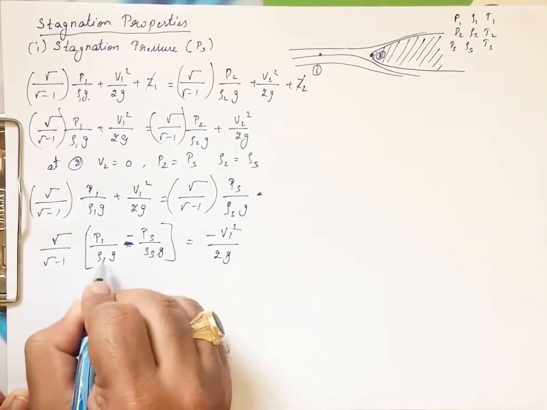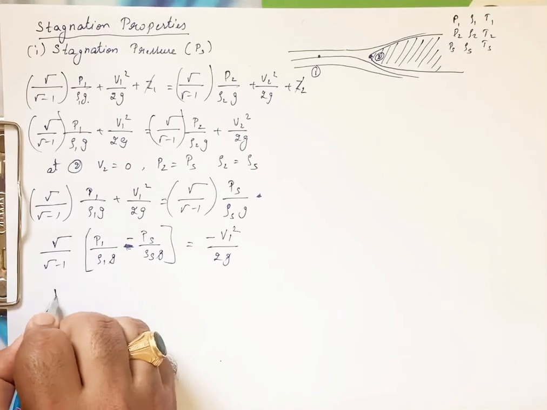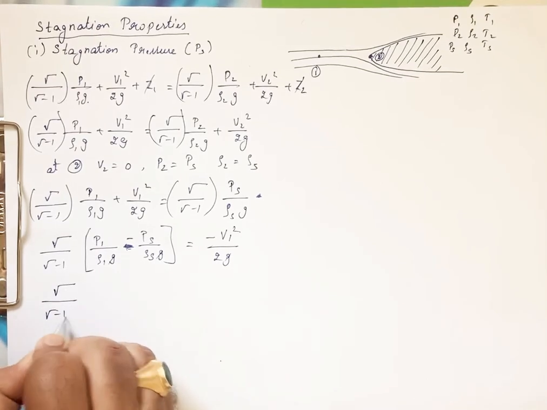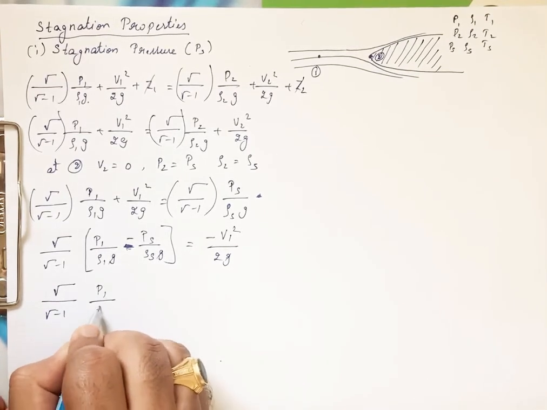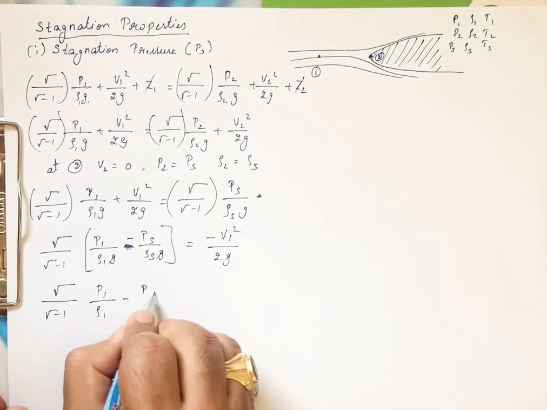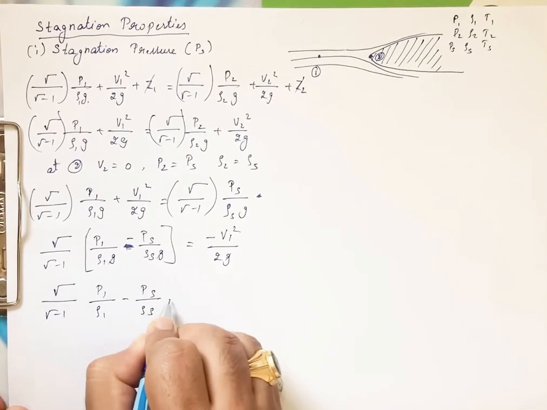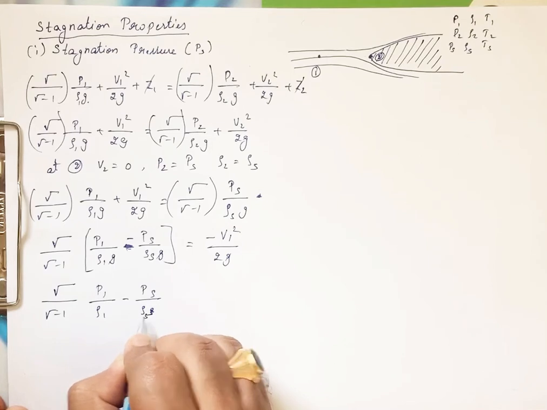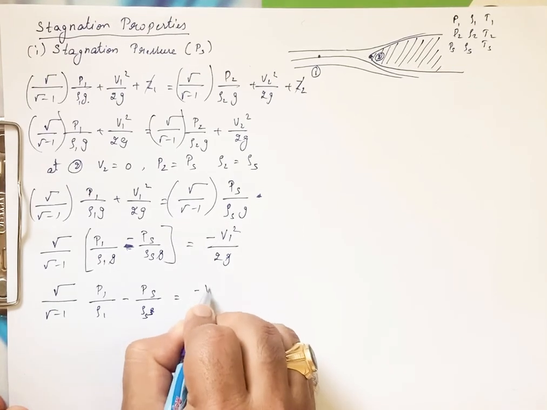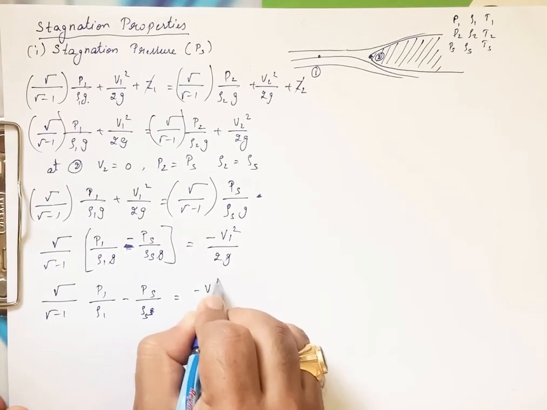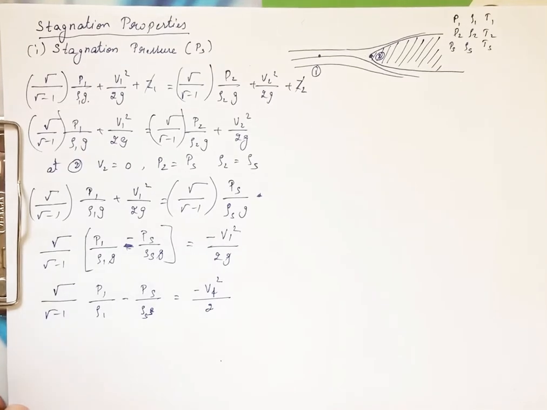The g cancels out, and the remaining is gamma divided by gamma minus 1 into P1 by rho 1 minus Ps by rho s is equal to minus V1 square by 2.